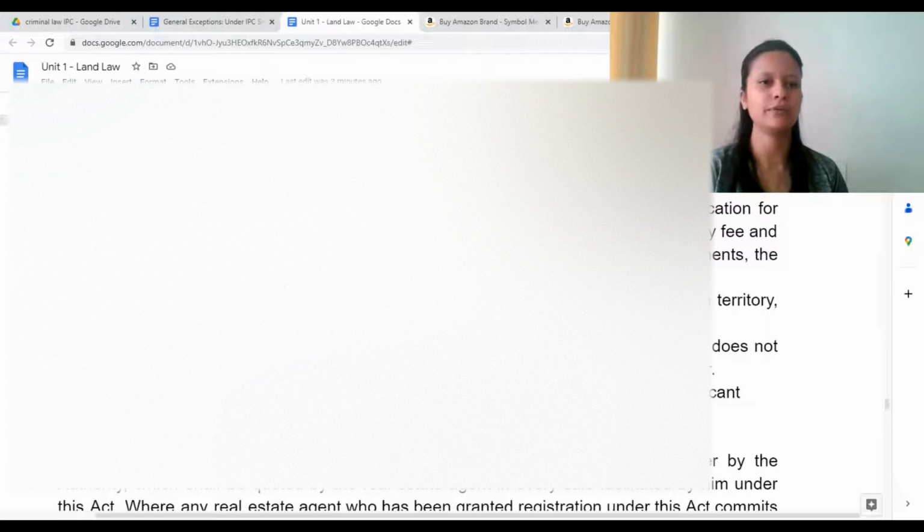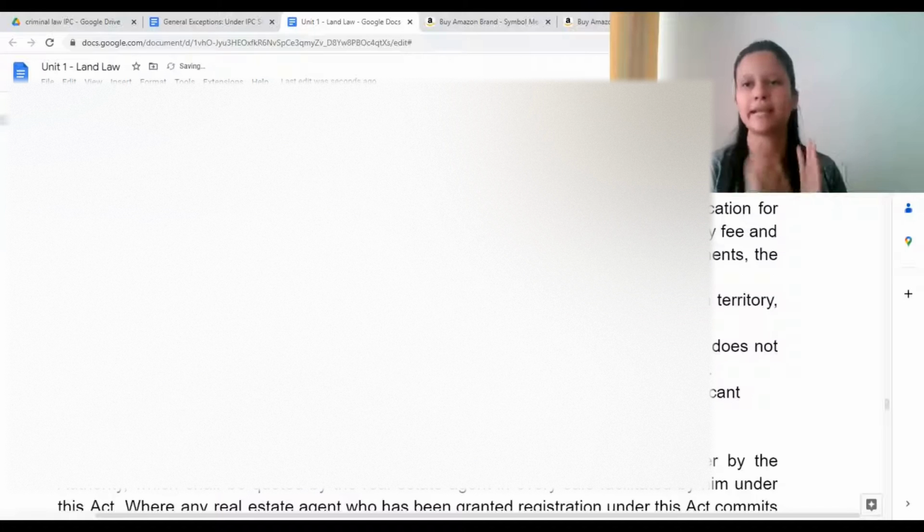What they will do is grant a single registration to the real estate agent for the entire state or union territory, as the case may be, or reject the application for reasons to be recorded in writing if such application does not conform to the provisions of this Act or the rules or regulations made under it.